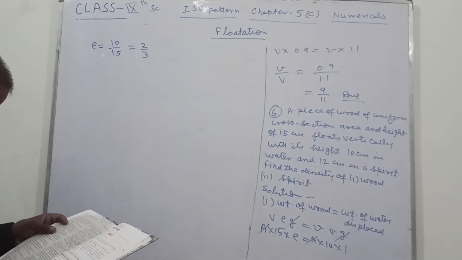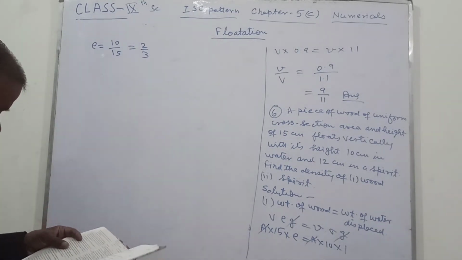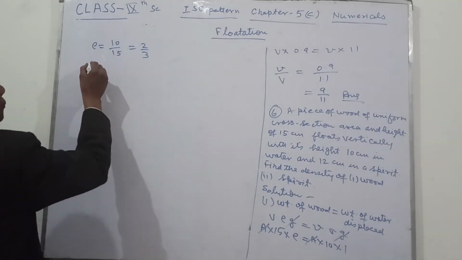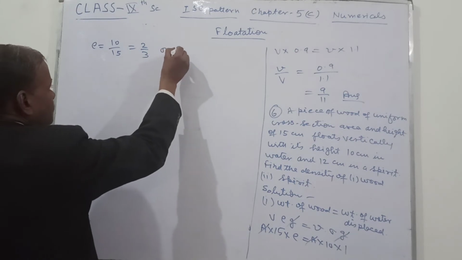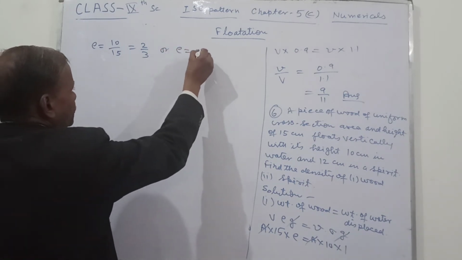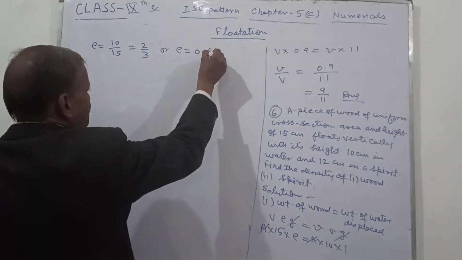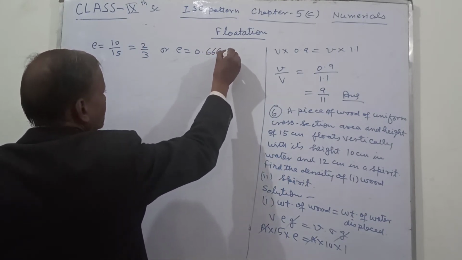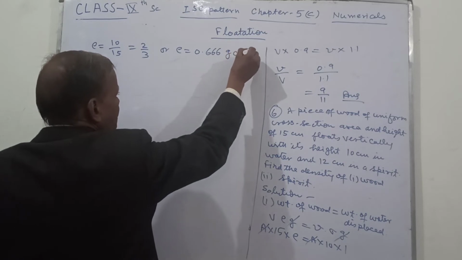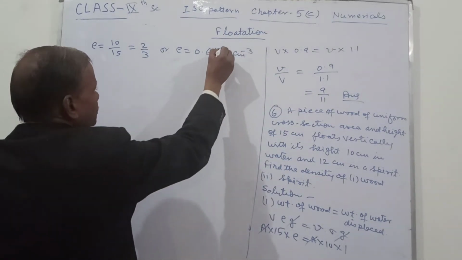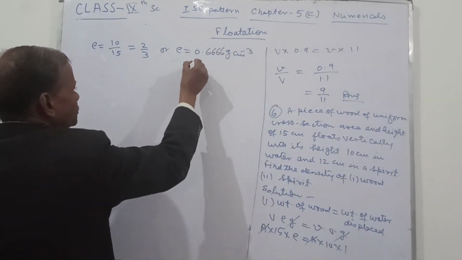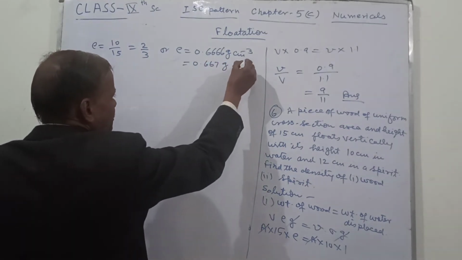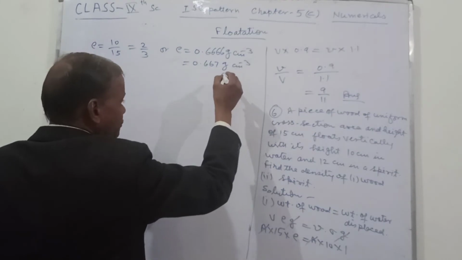So rho is equal to 0.666, or 0.667 gram per centimeter cube. This is the answer to the first question.